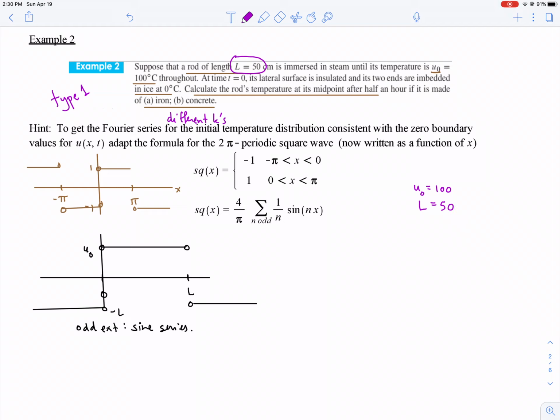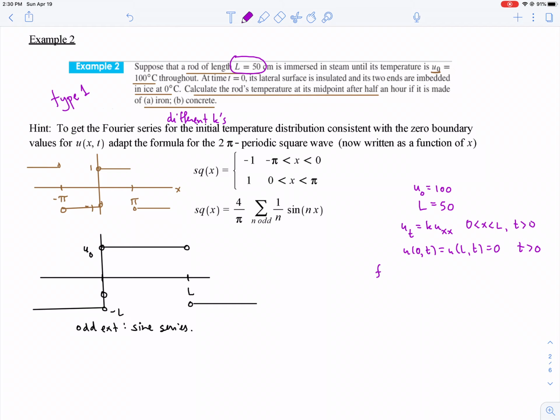And we'll be trying to solve u_t equals k u_xx for 0 less than x less than L, t positive. U of 0,t equals U of L,t equals 0 for t positive, and our initial temperature distribution is just U0 all along the rod.